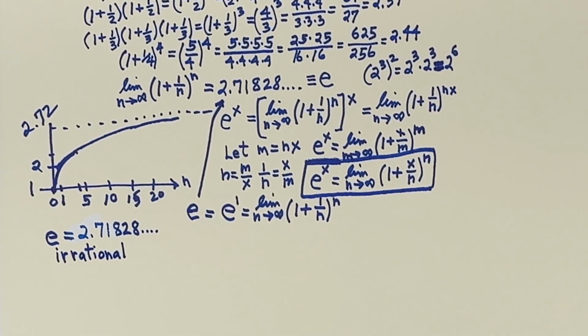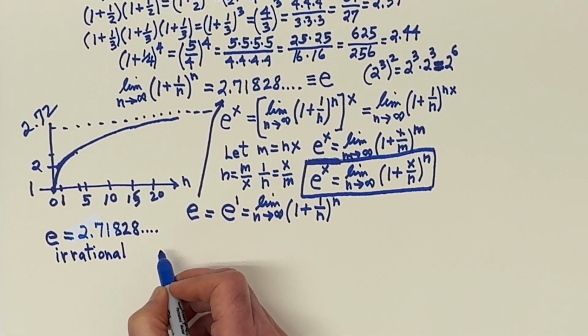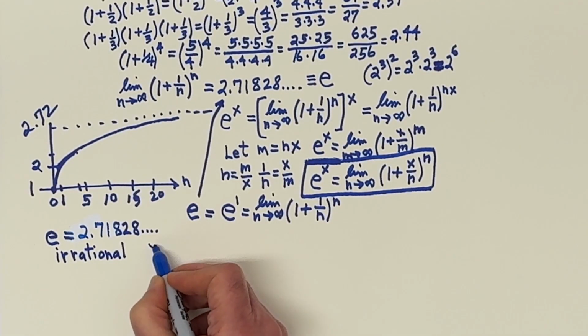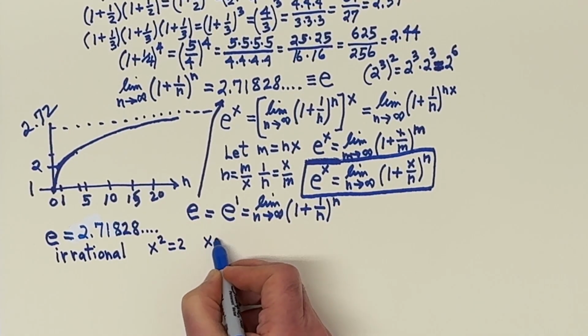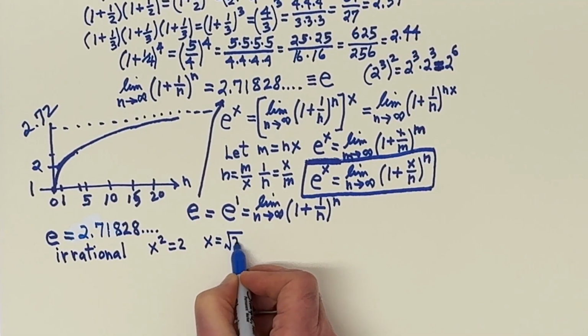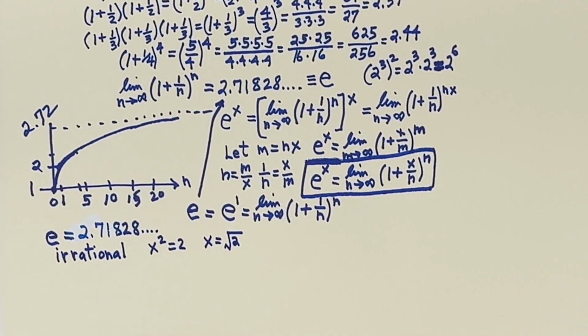But now, consider a number that can be expressed as a solution to an integer polynomial. For example, let me give you one: say x squared is equal to 2, then x is equal to the square root of 2. This likewise has no repeating pattern that goes over and over again.